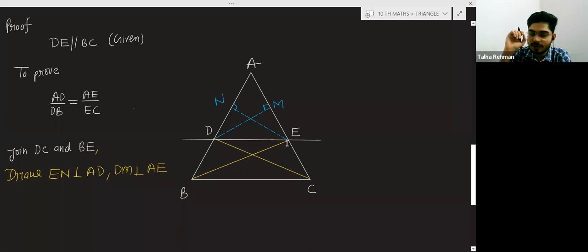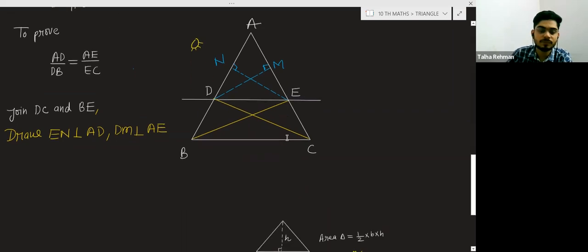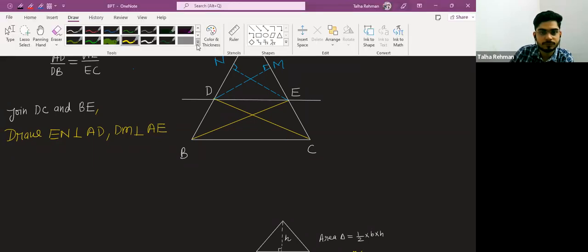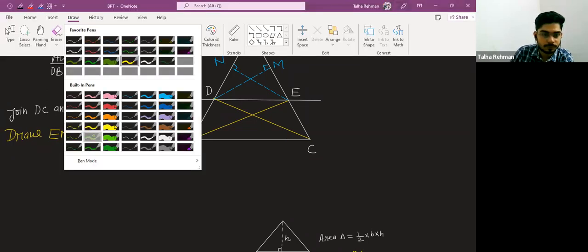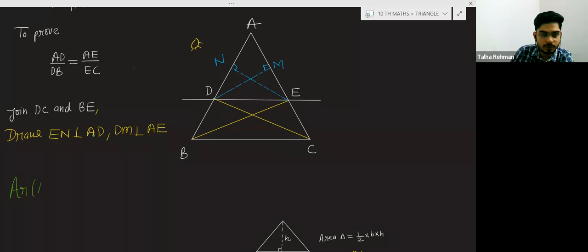Now first I will calculate the area of triangle ADE. Suppose I am watching this triangle from this side. Area of triangle ADE, formula of area of triangle.